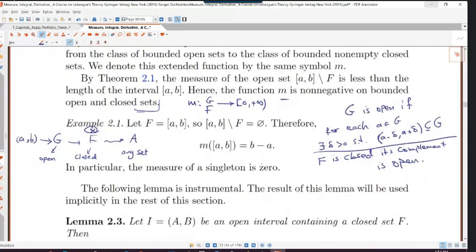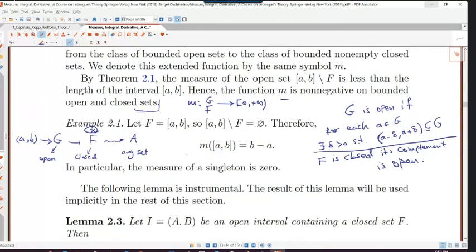Okay, let's have an example here. Let F equal the closed interval from A to B. So (A, B) minus F is empty. Therefore, the measure of a closed interval is equal to the measure of an open interval with the same endpoints.